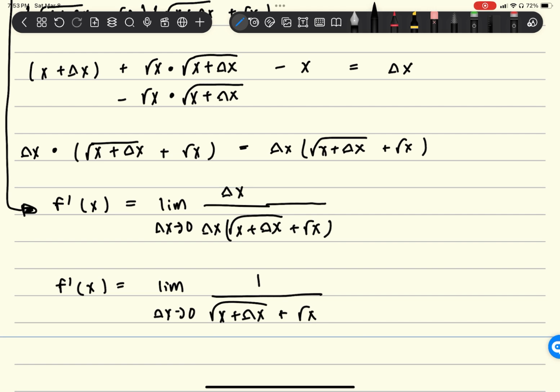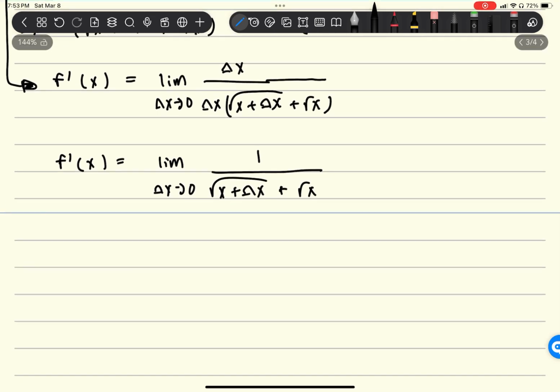Right. So now that we've simplified it this far, then we can evaluate the limit. Right? We'll go ahead and plug in 0 for delta x and see what we get. And so when we do, we're going to get the derivative of f of x is equal to 1 divided by the root of x plus delta x, which is approaching 0, plus the root of x.